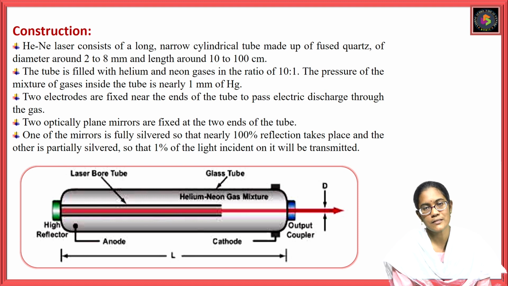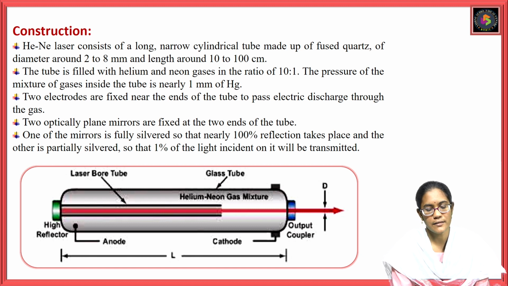The first reason is that helium atoms are lighter than neon atoms, so they can easily be excited to the higher energy states. So more helium atoms can interact with the ground state neon atoms, so that lasing action can be done. So this is the first reason to consider helium along with the neon atoms.